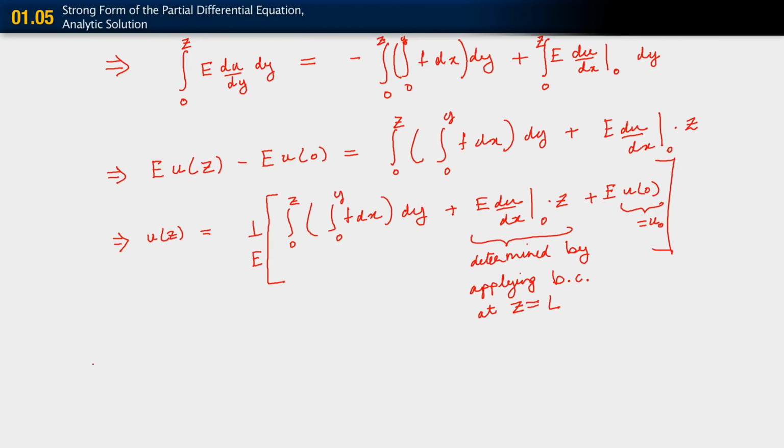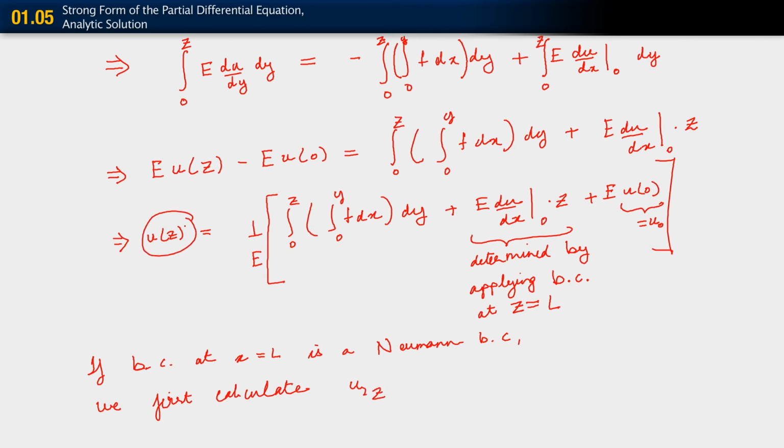So if the boundary condition at x equals L is a Neumann boundary condition, we first calculate u comma z using that form of the function.